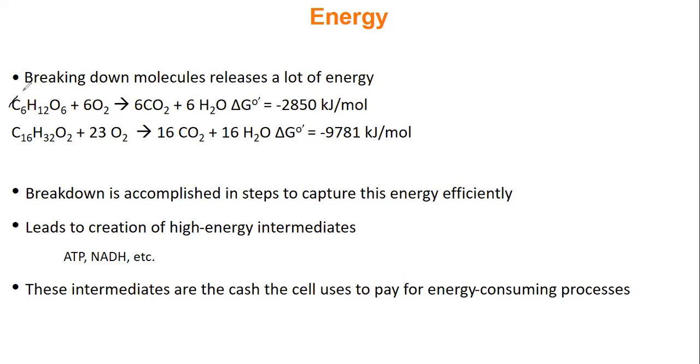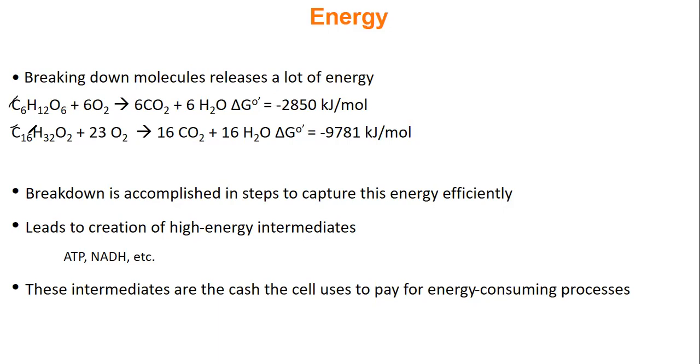That is a lot of energy for you to use. If you want to talk about a fat, a C16 fat right here, that's minus 9,781 kilojoules to make carbon dioxide and water. And if you were ever wondering why we breathe out carbon dioxide, this is the reason. We take that sugar and fat and we make it into carbon dioxide and water.